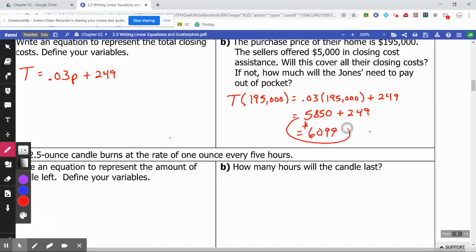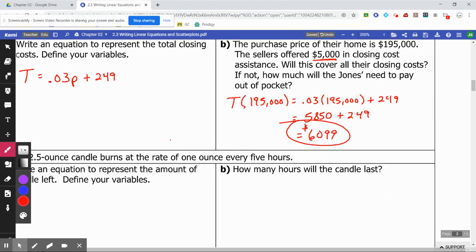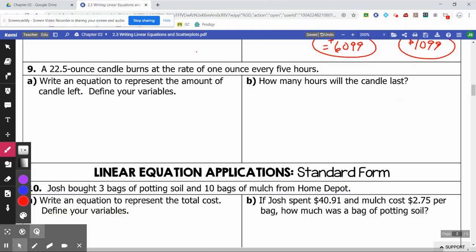That's going to be your total closing cost. So the sellers offer $5,000 in closing cost assistance. So how much will the Joneses have to pay? They'll have to pay the other $1,099 themselves.